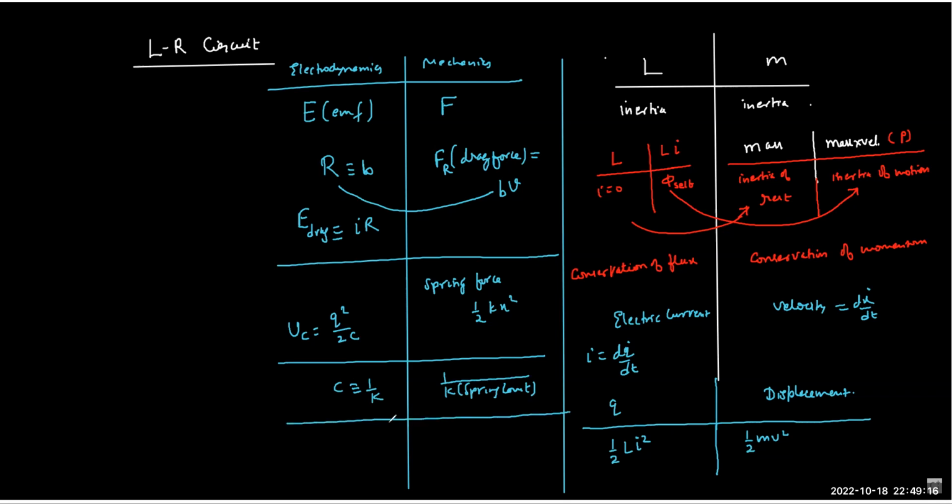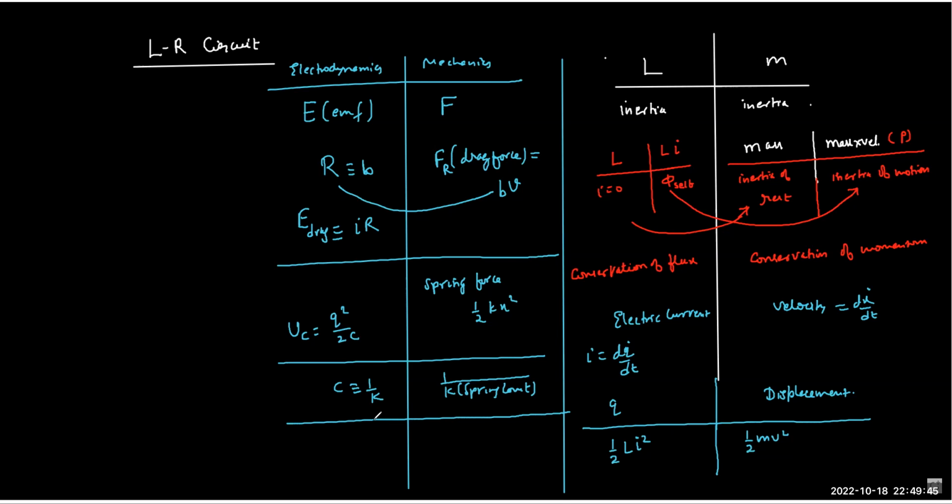Sir, how is that correlation made? Yeah, you can think this way. If you deform a spring, what will happen? It will store energy. So if you give charge to the plate of a capacitor, it will store energy, right? And also capacity C means capacity to store charge. Like C is like how big the container is, right?